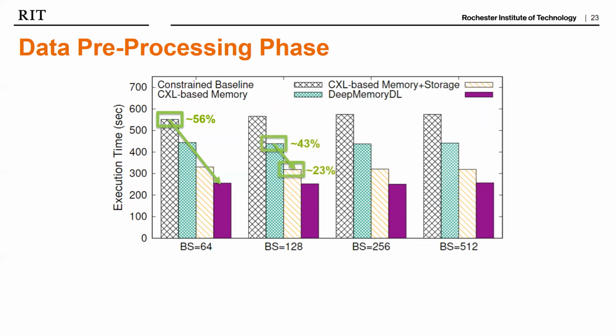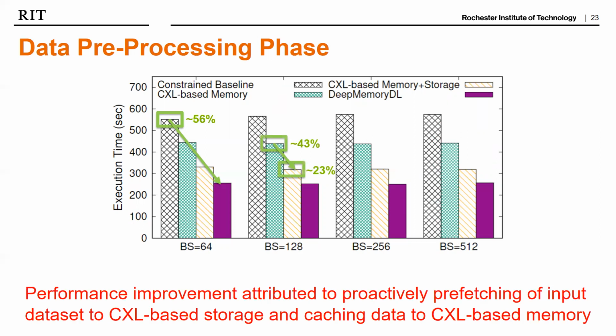So when the data is loaded from the CXL-based storage, it contributes to an additional 20% performance improvement compared to a pure CXL-based memory environment. Lastly, the effective use of CXL-based memory and storage with our data staging optimization resulted in the lowest processing time.